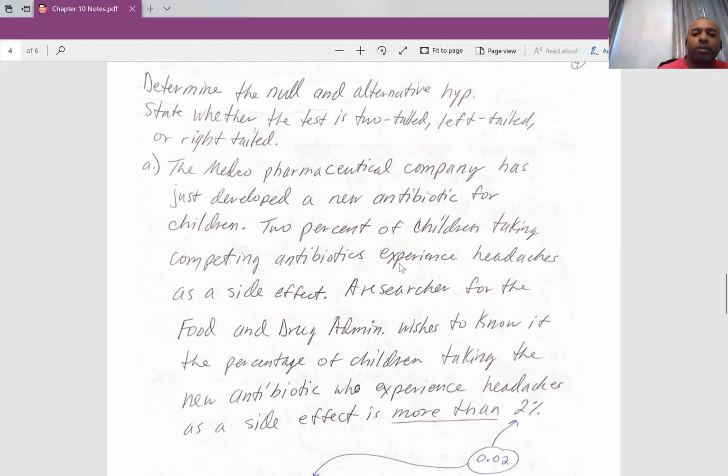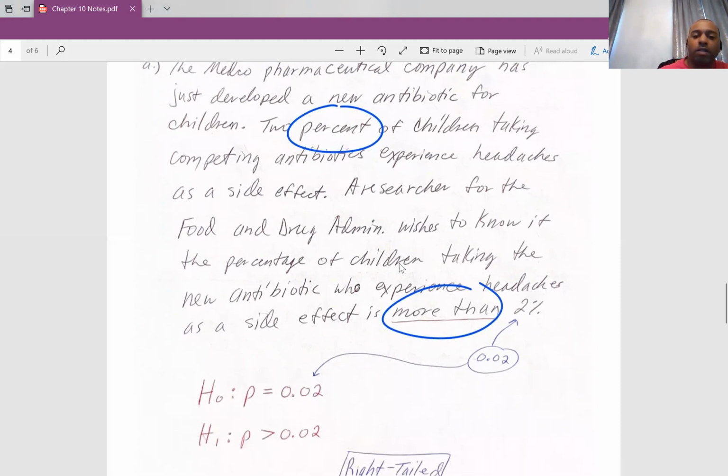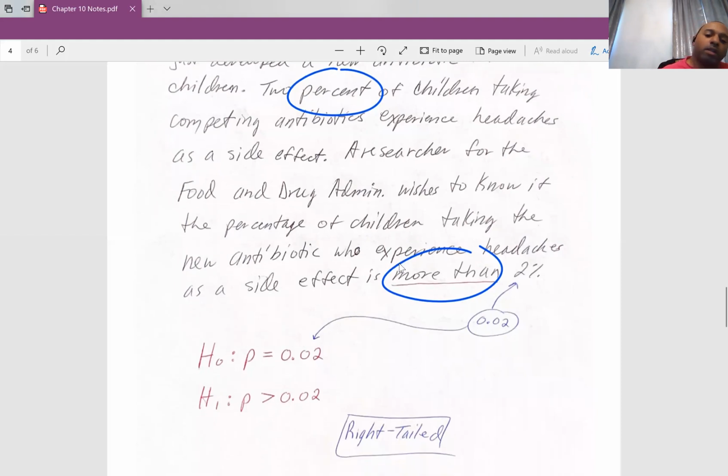So we're just looking at the percentage. And then the other key phrase is more than. So when we look at setting up our hypothesis testing, our parameter is just P for the percent. All right. And that 0.02 comes from the 2%. Convert that to a decimal. So if you're dealing with any percentage, you always want to convert that to a decimal.